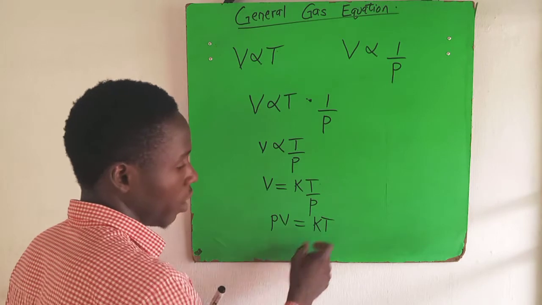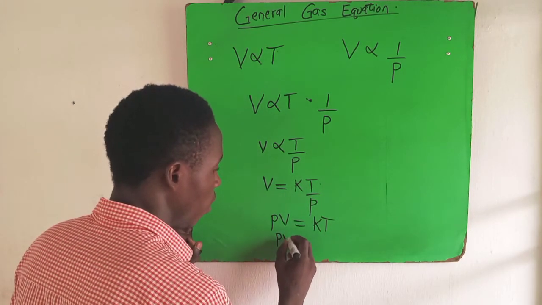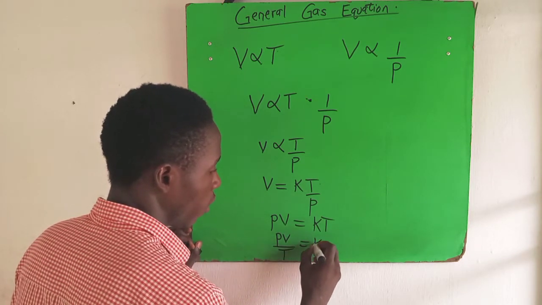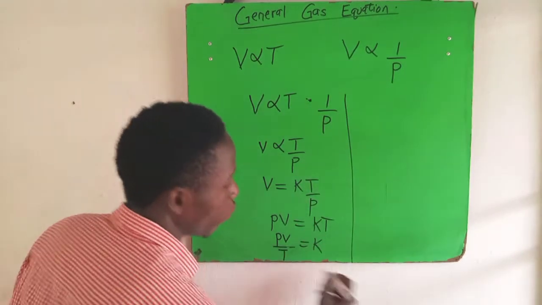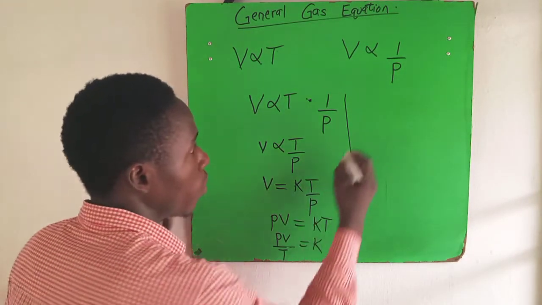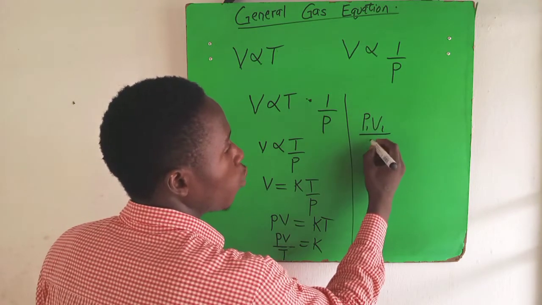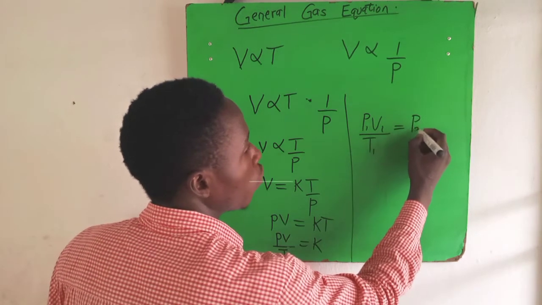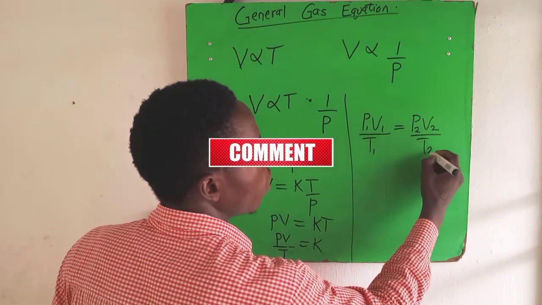If we want to make K the subject of the formula, we have PV divided by T equal to K. Now for more than one state of this gas, we have P1 V1 over T1 is equal to P2 V2 over T2.